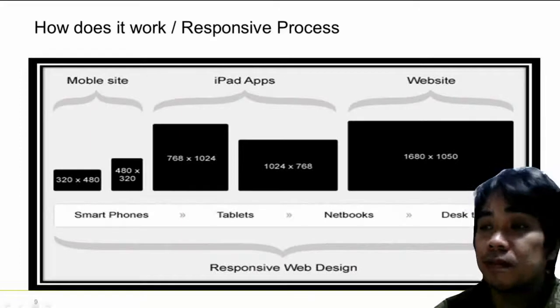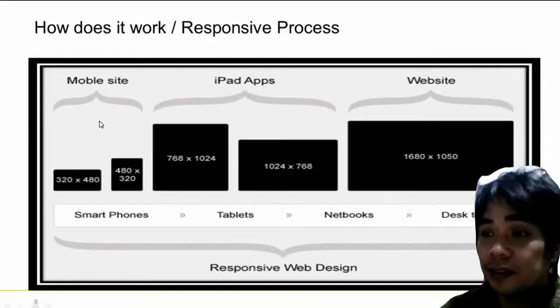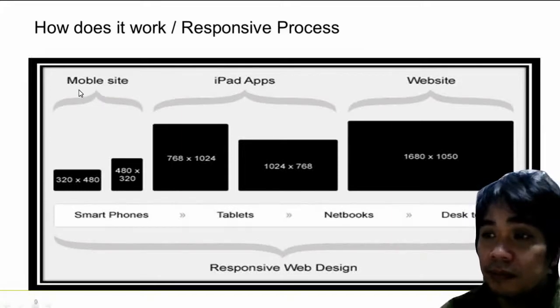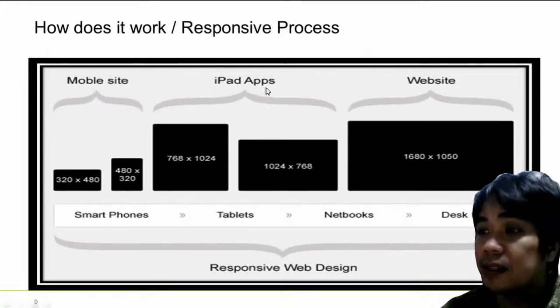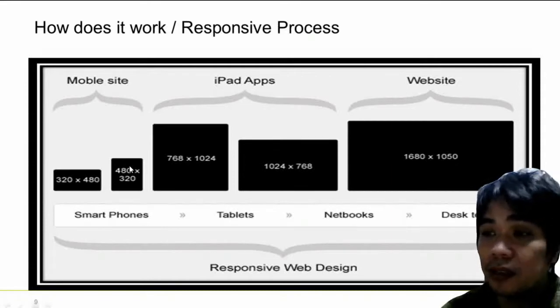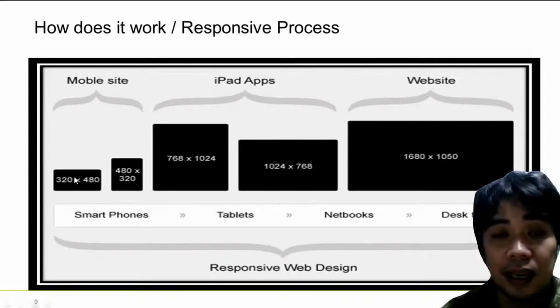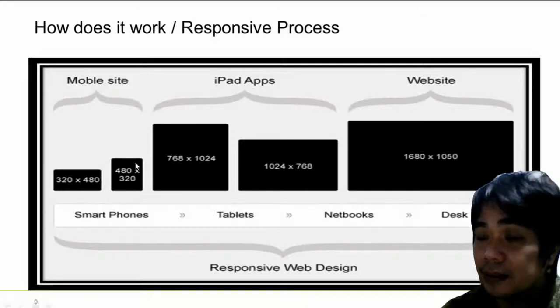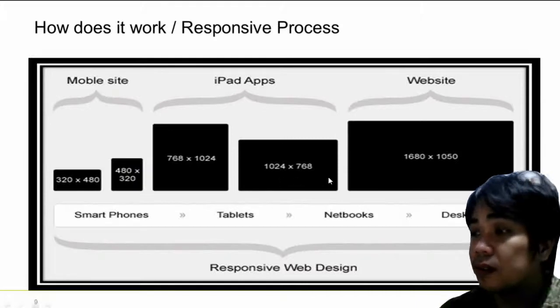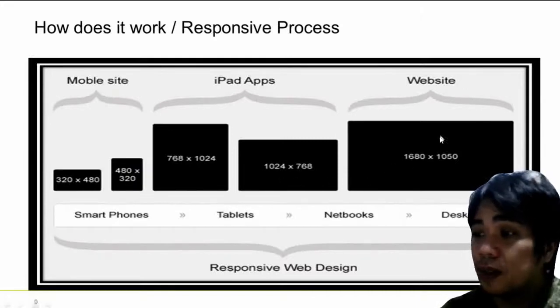How it works. We have different types of screen resolutions on mobile sites. We have 320 by 480, 480 by 320, landscape, 768, 1024, and we also have the website.